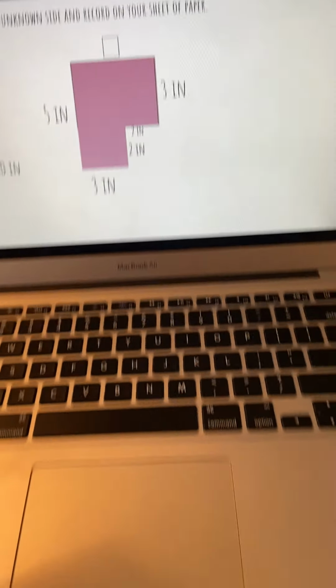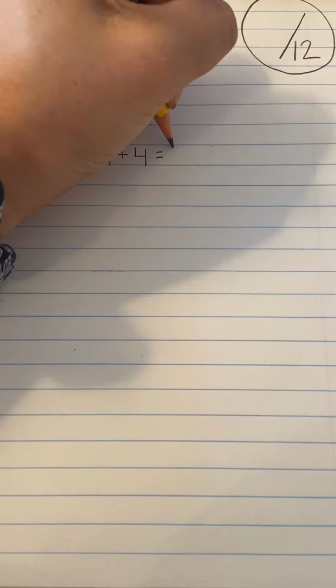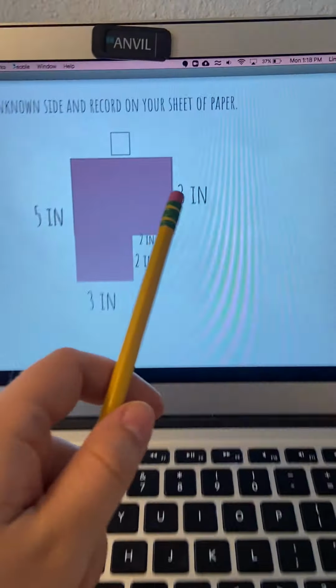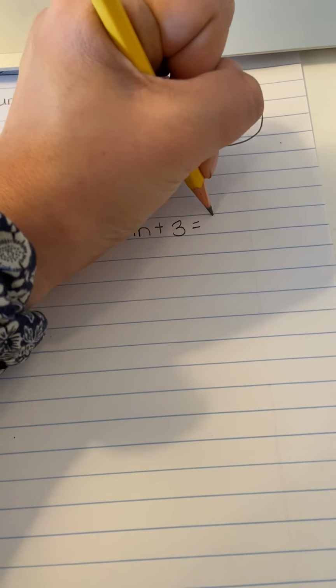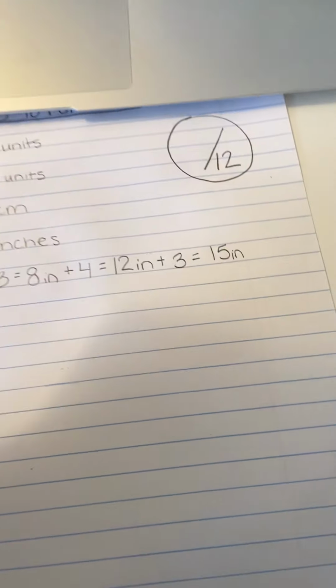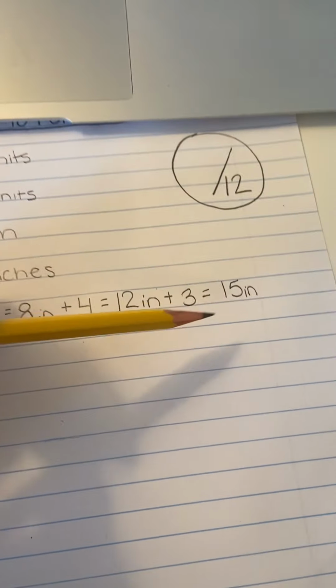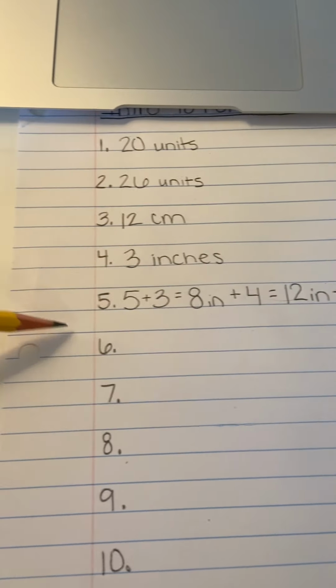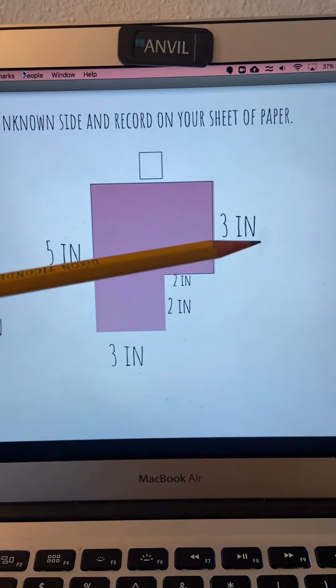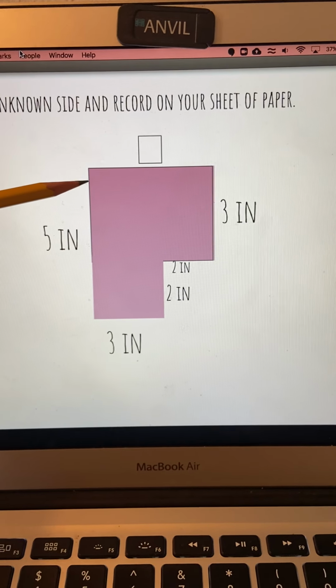So I'm going to add 4 to 8 inches, which is 12 inches, plus my last side of 3 inches. And I have 15 inches total. Now that's not my answer. This 15 inches is all the sides added up. So all of these sides are 15 inches.